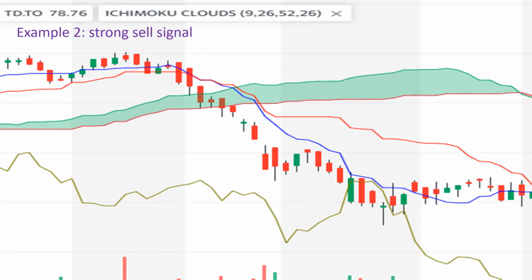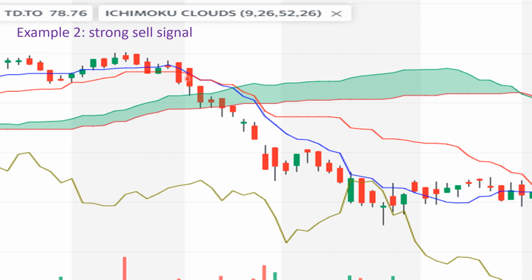Example number 2 is strong sell signal. Here this is the price trend that is entering the Kumo cloud from the upper edge and exiting from the lower edge. The upper edge is leading span A, used as dynamic resistance level, and the lower edge is leading span B, used as dynamic support level.